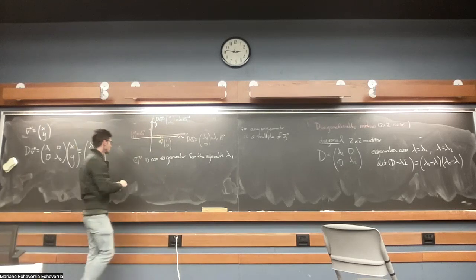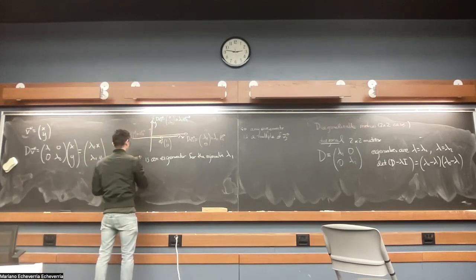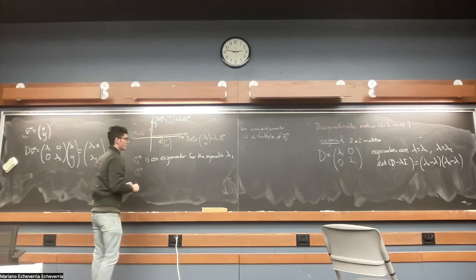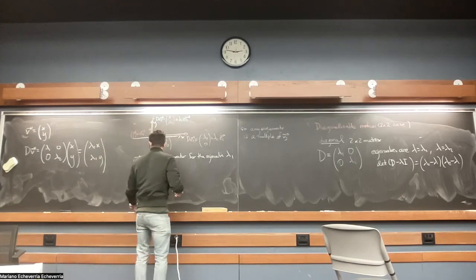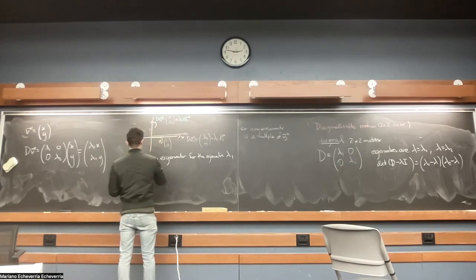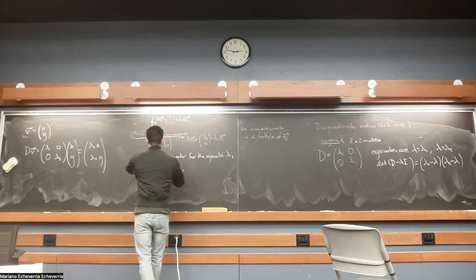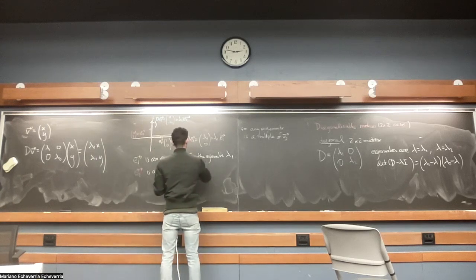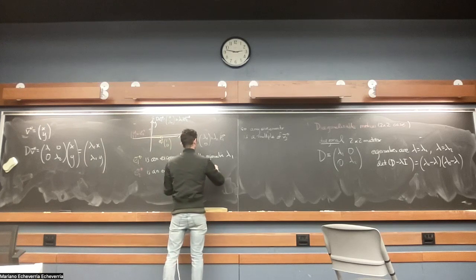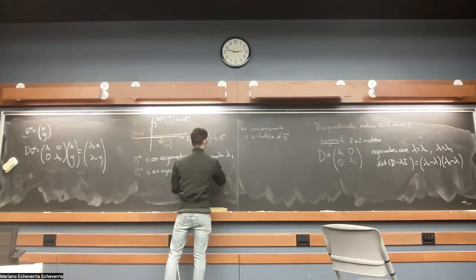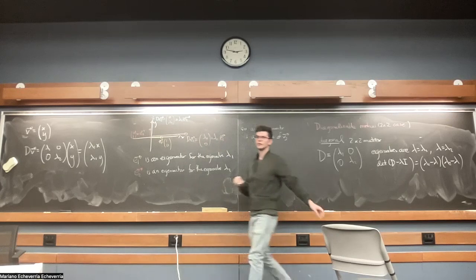That means that E2 is an eigenvector for the eigenvalue lambda 2. Is that making sense?